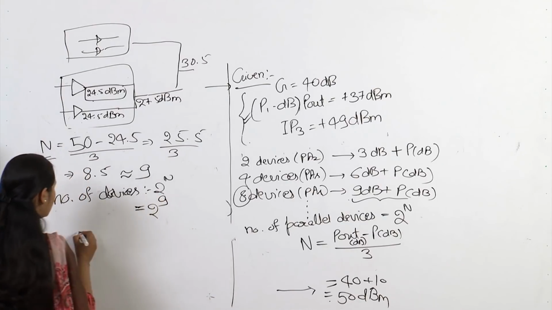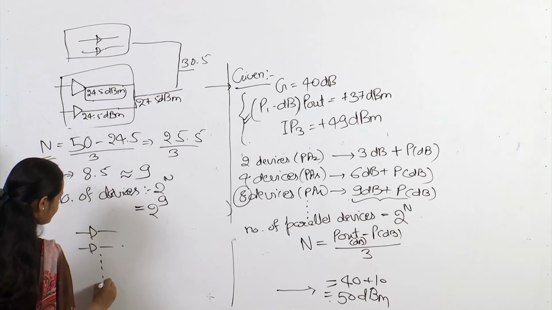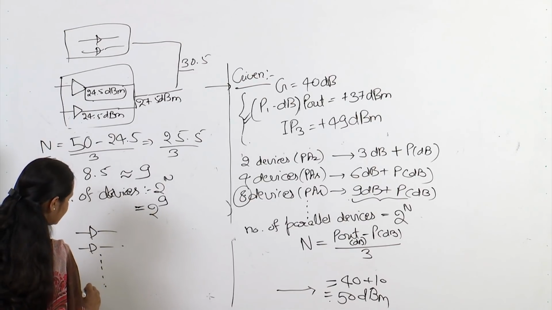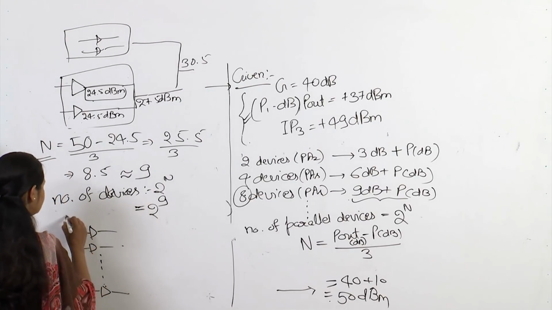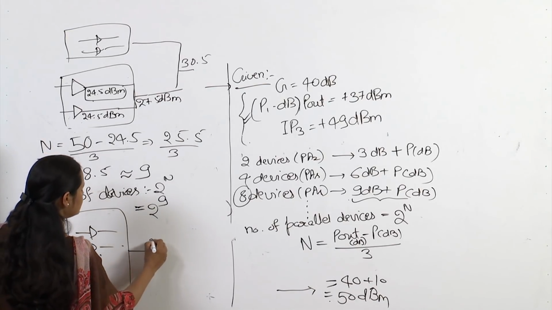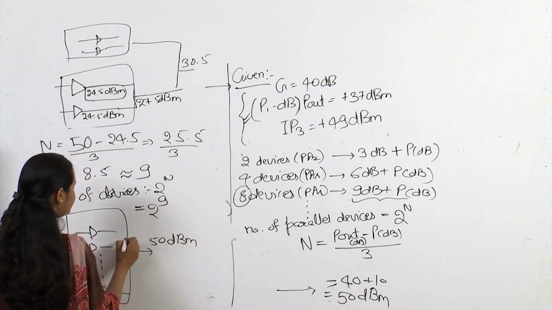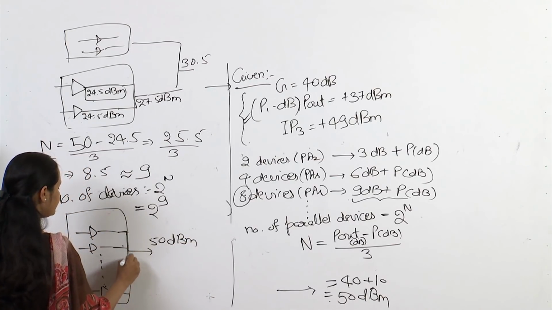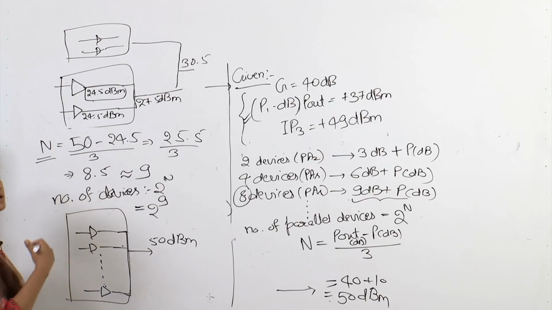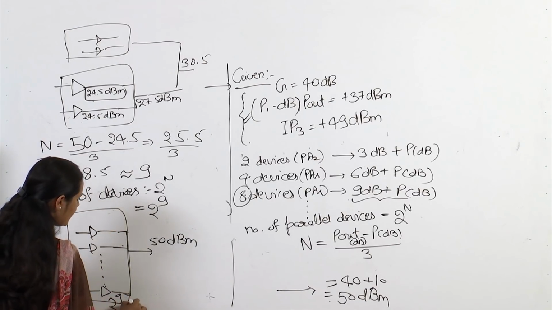So, we have to add 2 to the power 9 amplifiers, so that we can have 50 dBm at the output, so that we can have a C by IMD3 ratio of 45 dBc. So, 2 to the power 9 amplifiers here.